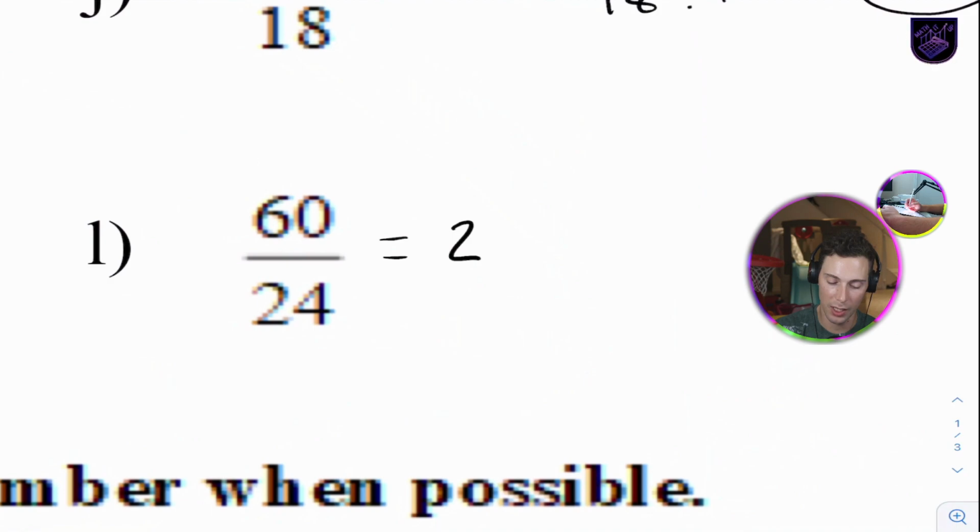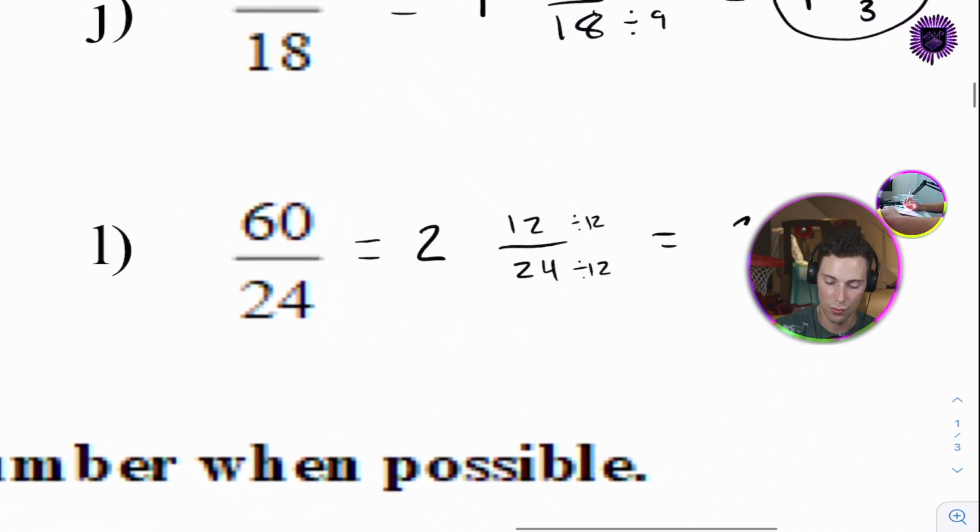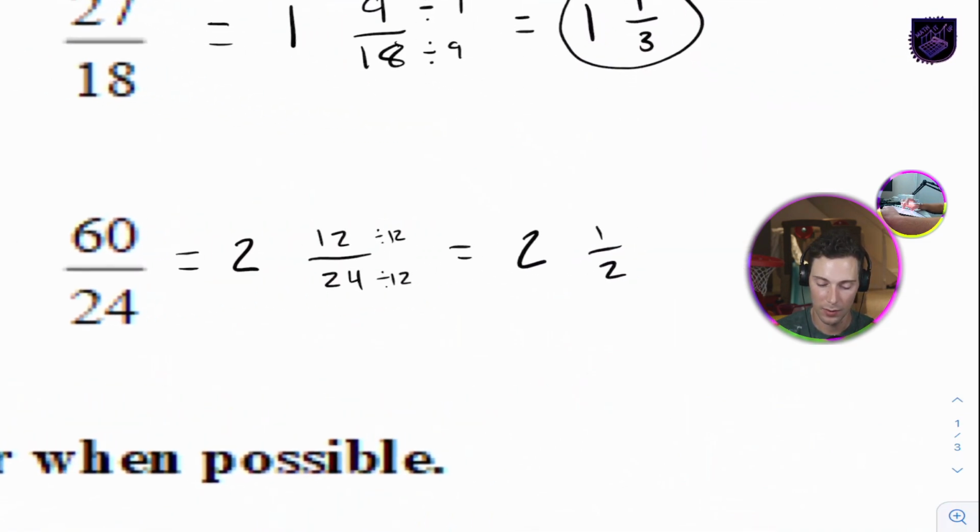And then we're going to have 48. 60 minus 48, which is going to be 12. 12/24. And then both of these have a greatest common factor of 12. Which is going to equal our answer of 2 wholes and 1/2. Right? Because 12 divided by 12 is 1, and 24 divided by 12 is 2.